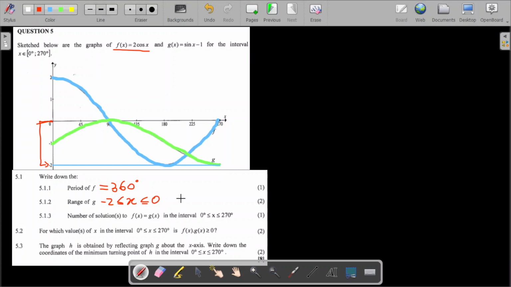Or you can say y is an element of a square bracket. The square bracket tells you that we are including these values of 0 and -2. So we're going to say from -2 comma 0. Both of these answers are correct. You can write one of them or both of them, and they're going to give you the mark.